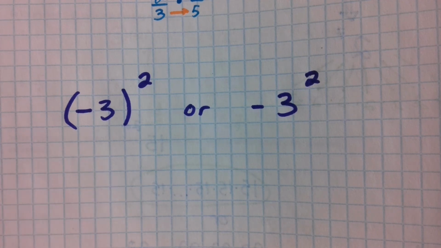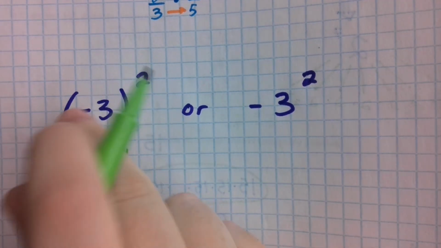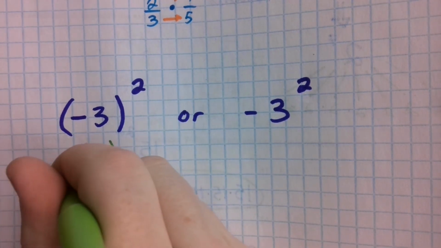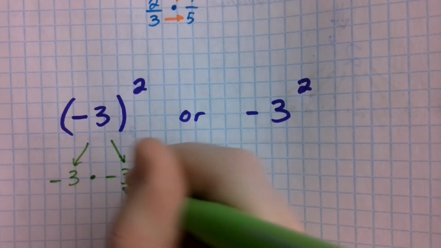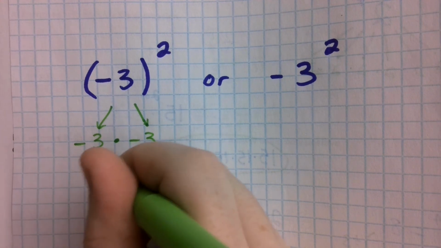Let's write negative 3 squared in multiplication. This is saying that negative 3 is being multiplied by itself 2 times. So this is negative 3 times negative 3, right? Well, negative times a negative is a positive. So this becomes positive 9.